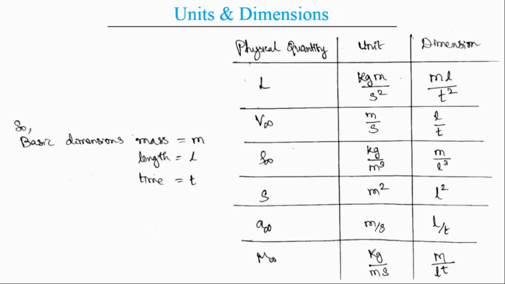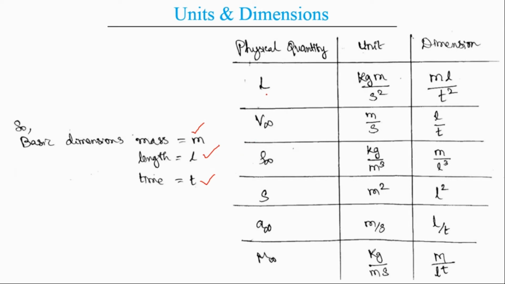Now getting to the units and dimensions, the quantities we discussed are listed in the first column, and we are replacing the mass, that is kg or whatever unit, with m for simplicity, the length as L, and the time as t. So this is what we are going to use.